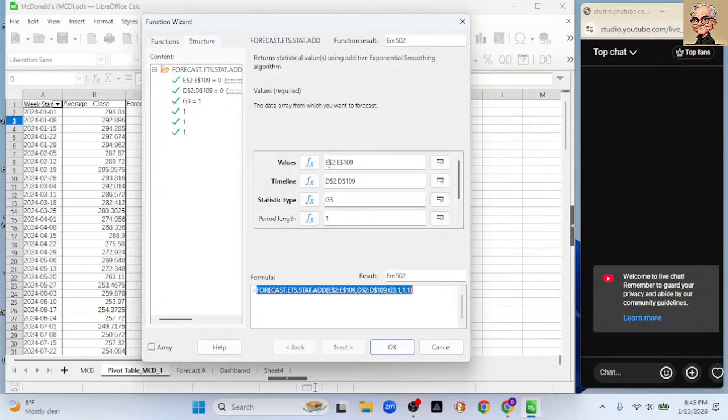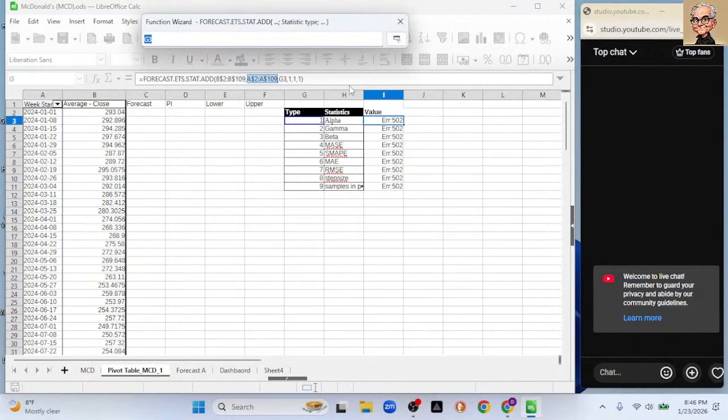The values are B. Right? And our stat number is this right here.